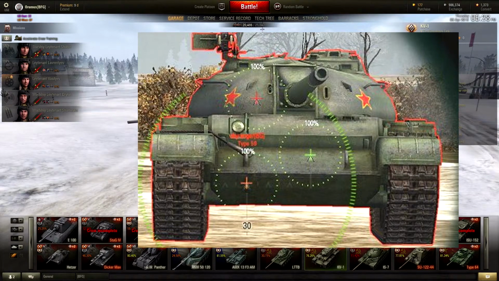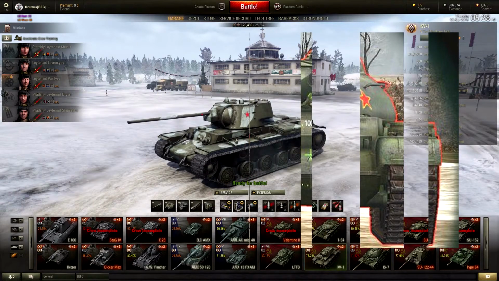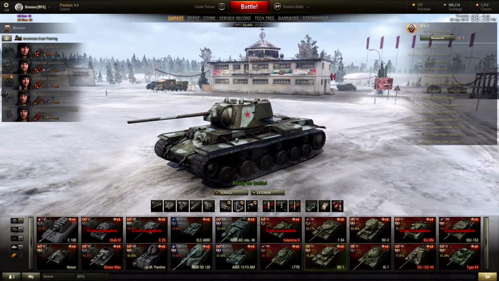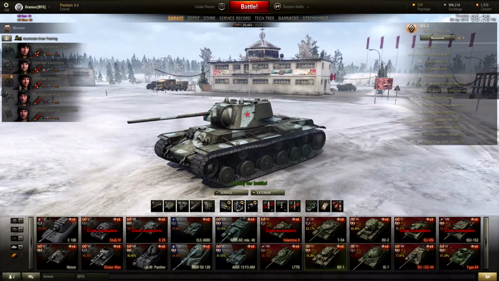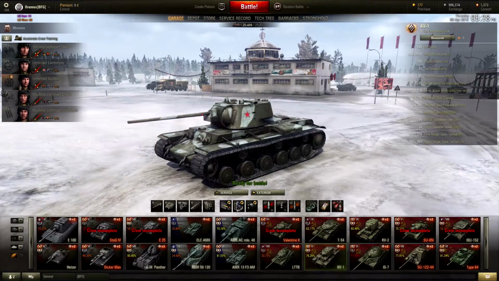Green means more than likely you're going to penetrate, orange means it's iffy, and red means pretty much no chance in hell. So don't take those orange and red shots, because more than likely you're not going to do anything, and you may just reveal your position or get the enemy to focus on you. So just keep that in mind. That's in the game, a basic option.